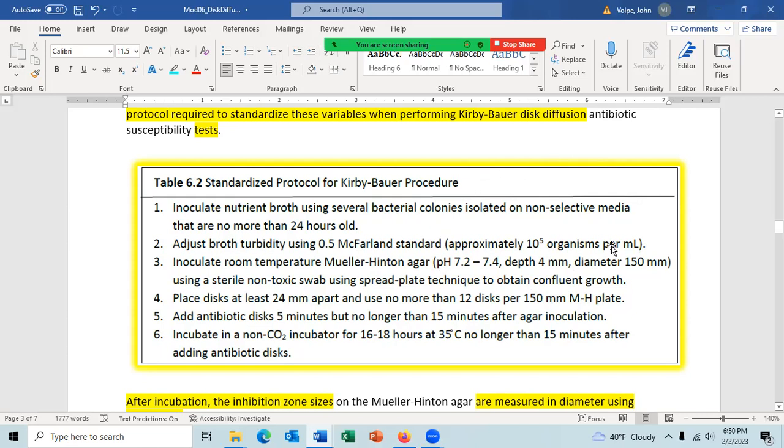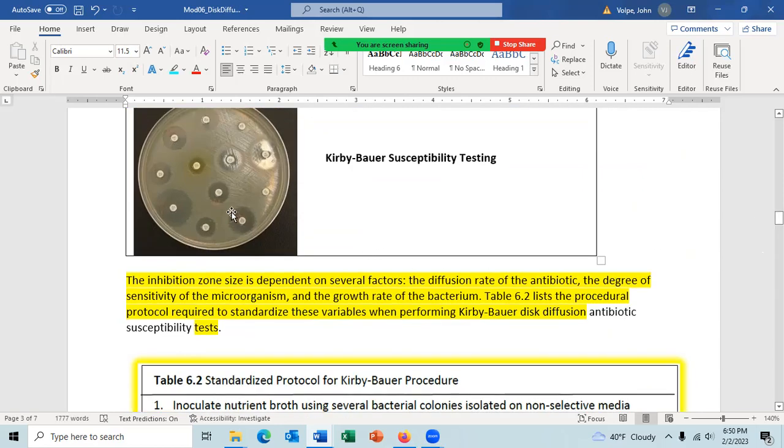You put the bacteria on the plate with a non-toxic cotton swab using a spread plate technique to obtain confluent bacterial growth. I'll show that later, how we do that. You place the discs at least 24 millimeters apart and no more than 12 discs per 150 millimeter Mueller-Hinton plate. The discs have to be a certain length apart so that this one doesn't interfere with that one and vice versa.